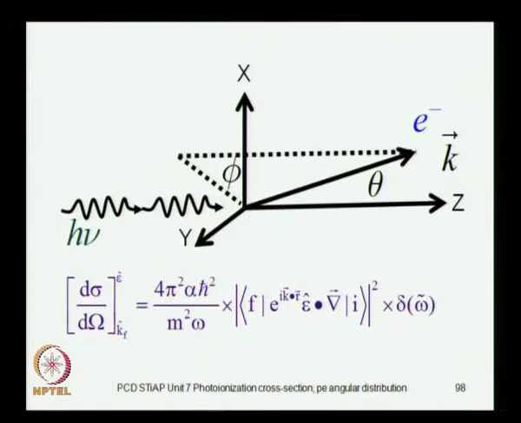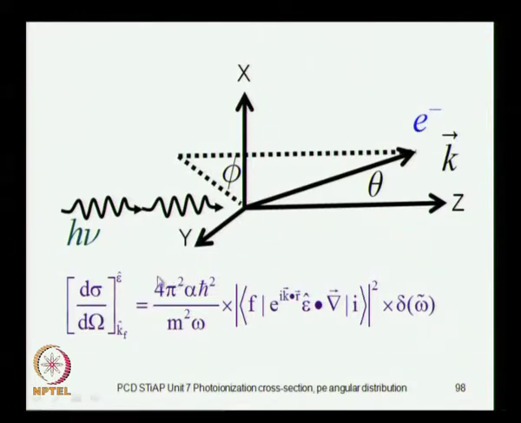And we found that the differential cross section, which is the cross section per unit solid angle, for a given direction of incidence with respect to which you describe this geometry, and if you have the incident electromagnetic radiation having electric vector polarized along the unit vector epsilon, and you set it up along this x axis.